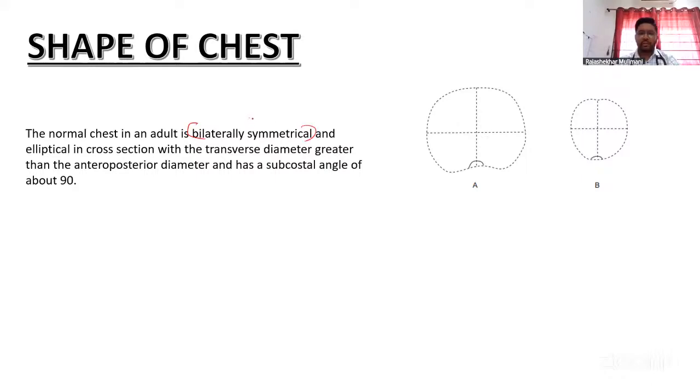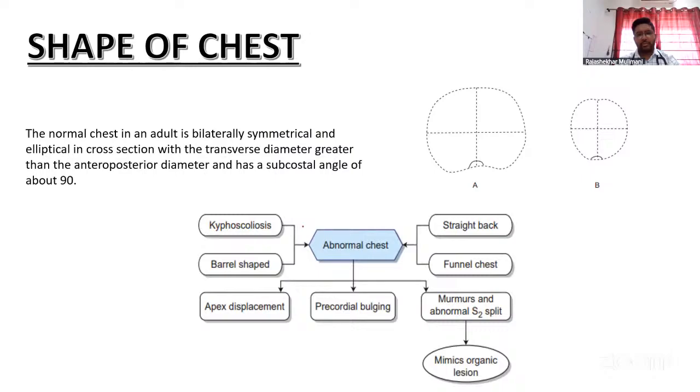Sometimes you may get a right side more hypertrophied than the left, but mostly it is bilaterally symmetrical and elliptical in cross-section, in which the transverse diameter is slightly greater than the anterior-posterior diameter, and it has a subcostal angle of 90 degrees. Whereas in children, rather than elliptical, it will be somewhat oval in shape. And there are abnormalities of the chest shape and size that will be discussed accordingly.